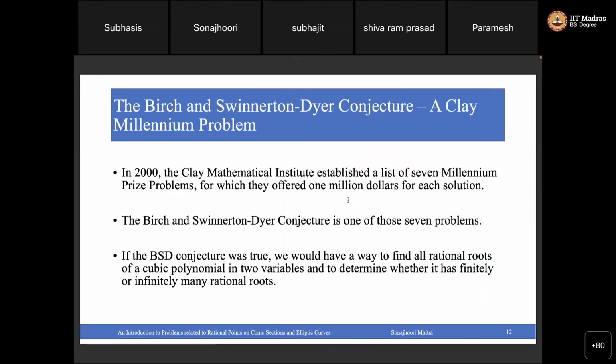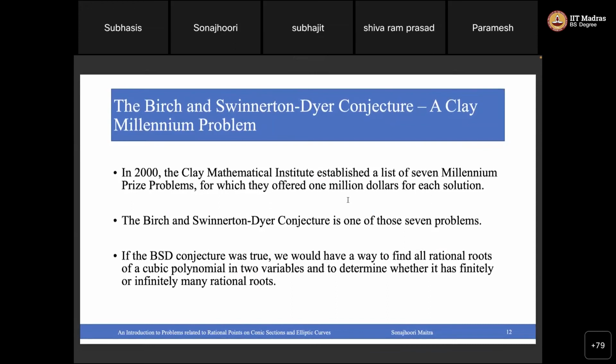The Birch and Swinnerton-Dyer conjecture. The Clay Mathematical Institute in 2000 gave out a list of 7 unsolved problems in mathematics, and they offered $1 million for each solution. These are called the 7 Millennium Prize Problems. And the Birch and Swinnerton-Dyer conjecture, BSD conjecture as we can abbreviate it, is one of those 7 problems.